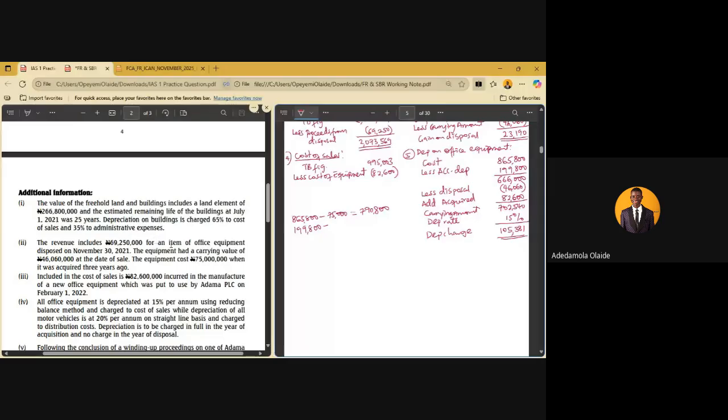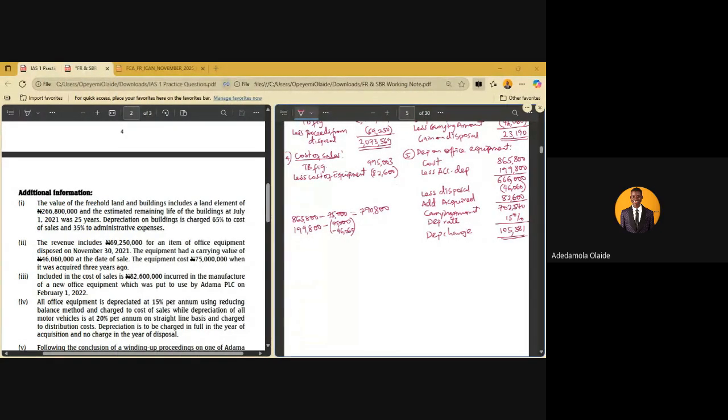There will be an accumulated depreciation on the one that was disposed also. If the cost is 75,000, and is having a carrying amount of 46,060, the difference would have been its own accumulated depreciation, and that will be 28,940.